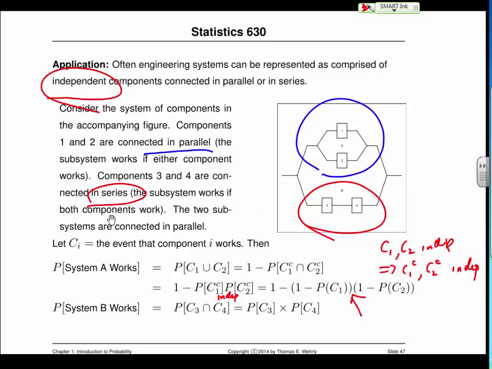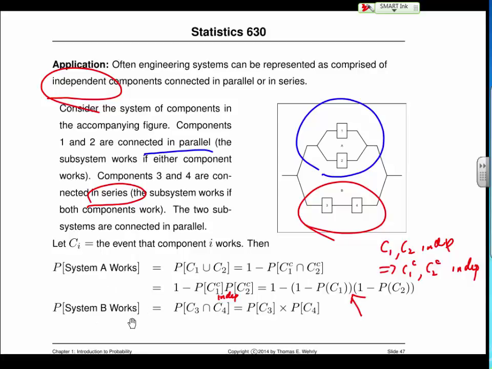If these are the same value and you let it just equal a number, then it's really easy to do the calculation. And on your homework, I think you'll have each of these being a probability p. All of them fail with the same probability or work with the same probability.